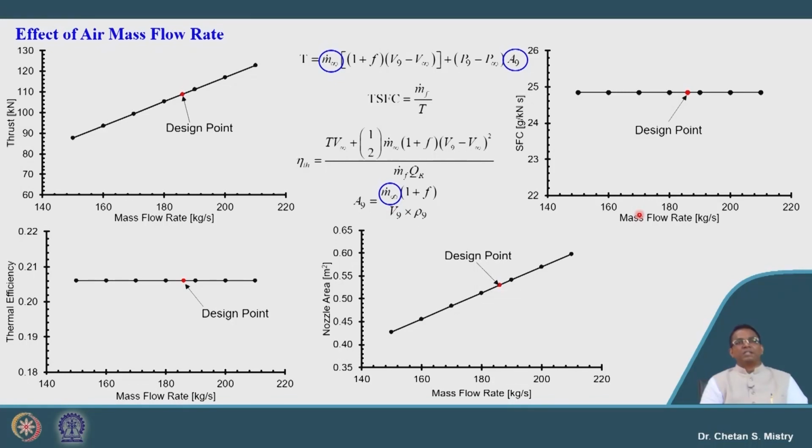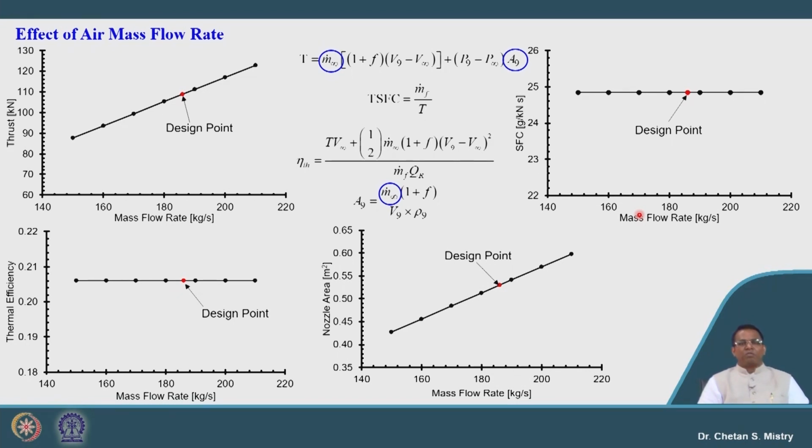Now, here in this case, we have discussed the single spool configuration, and we have discussed the two spool configuration. If we collect the information on which engines are available, around 60 to 70% of engines are single spool configuration, and the remaining 30 to 40% are two spool configuration.